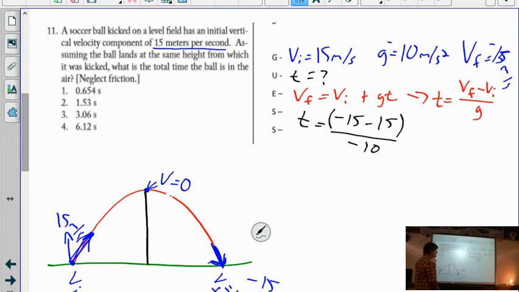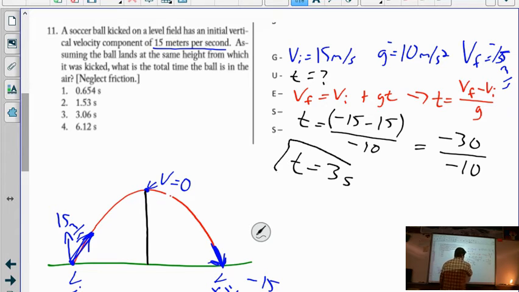So I have negative 15 minus 15 is negative 30 divided by negative 10. My negatives will cancel out and I'll get T equals 3 seconds.